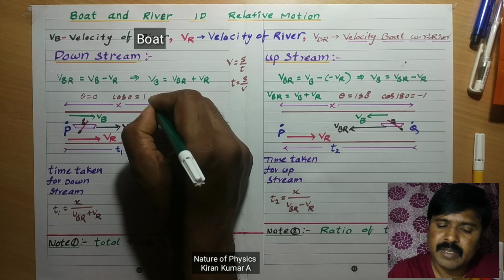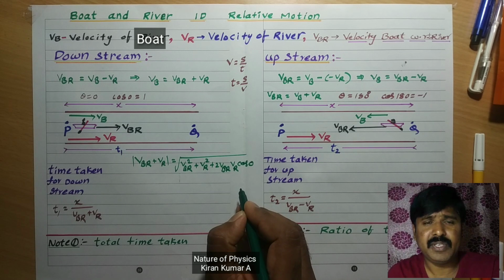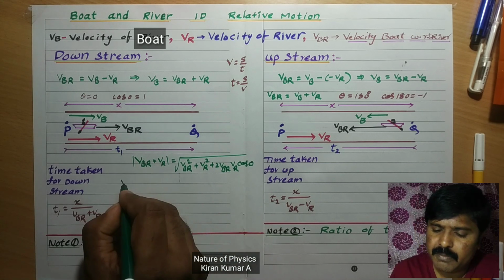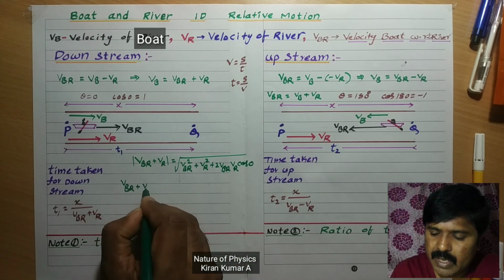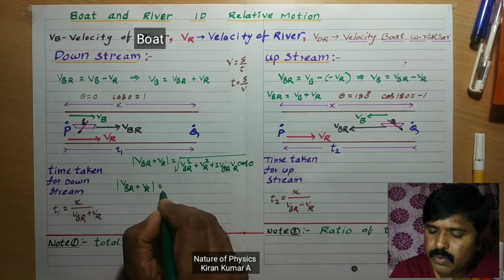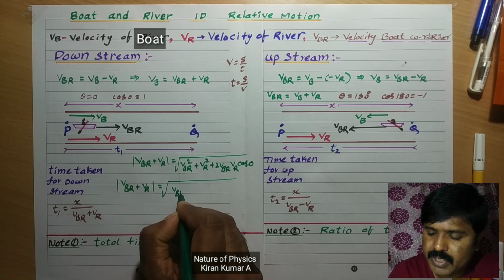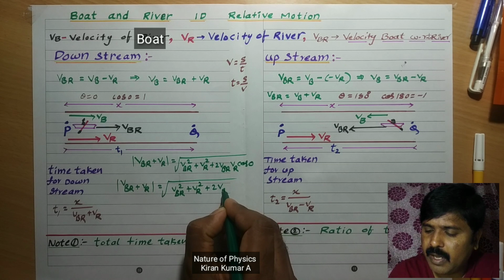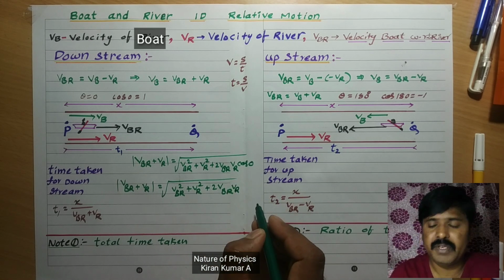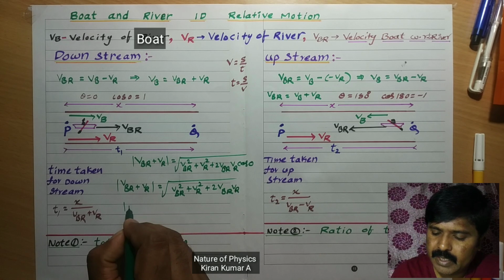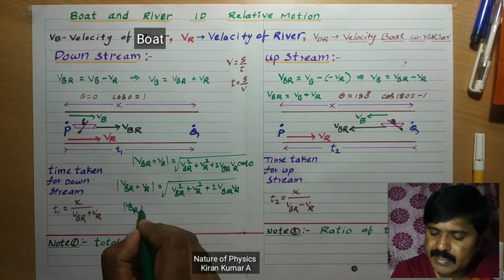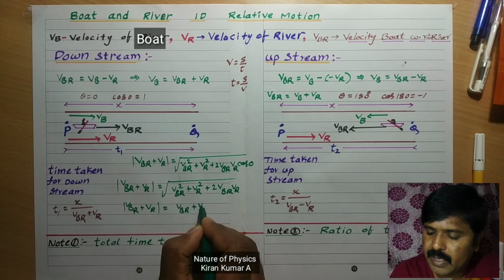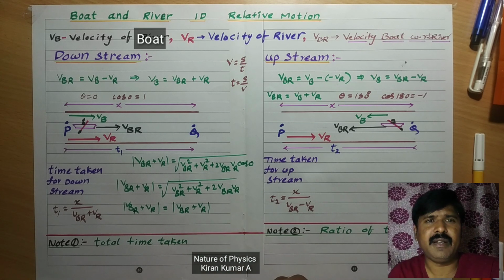Because the boat is moving in the direction of the river, along the same direction, theta is 0 and cos 0 is 1. So Vbr plus Vr equals root over Vbr square plus Vr square plus 2 Vbr Vr, and we get Vbr plus Vr equals Vbr plus Vr. LHS is equal to RHS.